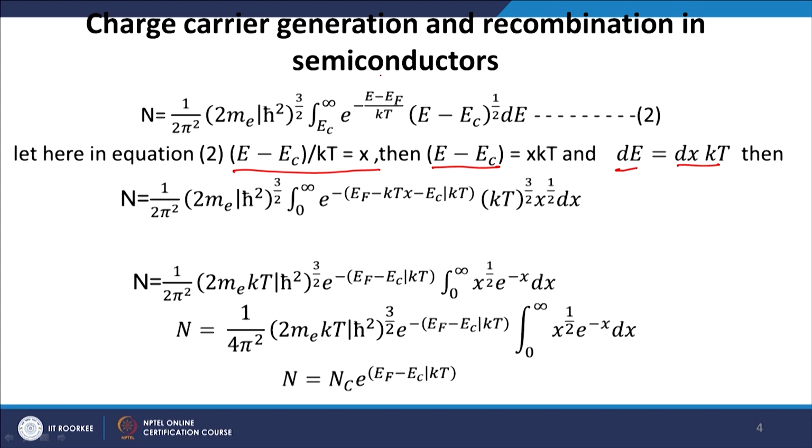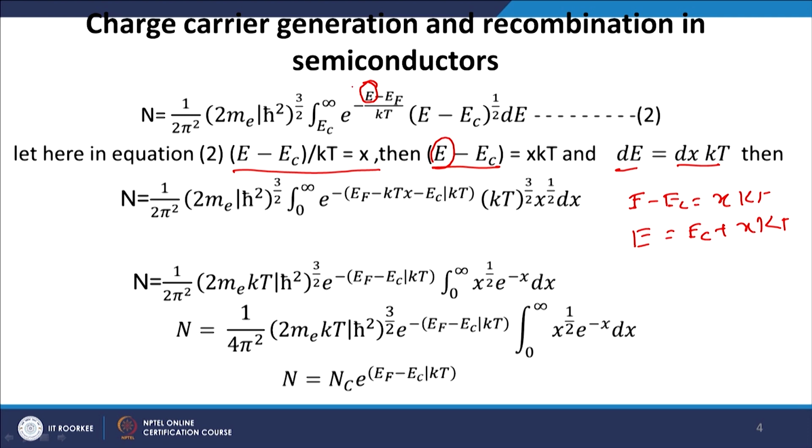Then this E has to be replaced from this expression, because now E minus Ec is equal to x kT, or E is equal to Ec plus x kT. So, that is what we have written here. Instead of E we have written Ec plus x kT.